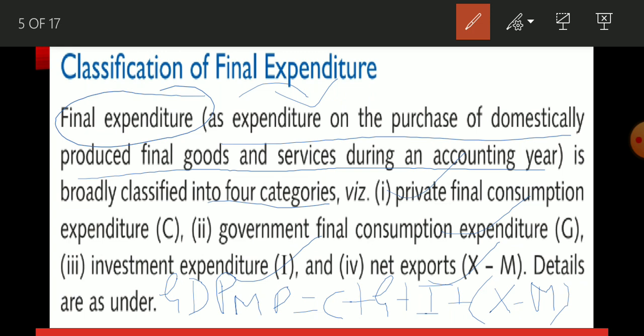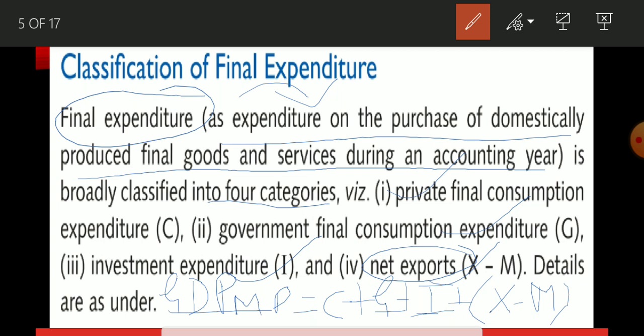When we subtract the value of import from the value of export, we get net export. So GDP MP is the sum total of C, G, I and net export X minus M.